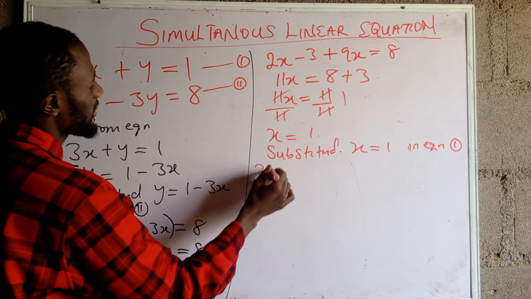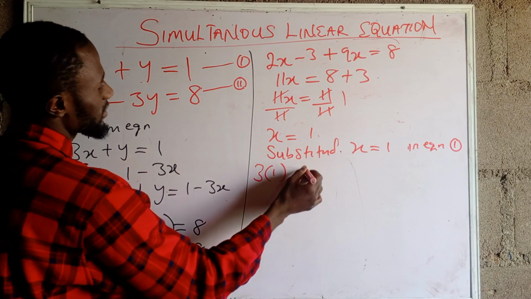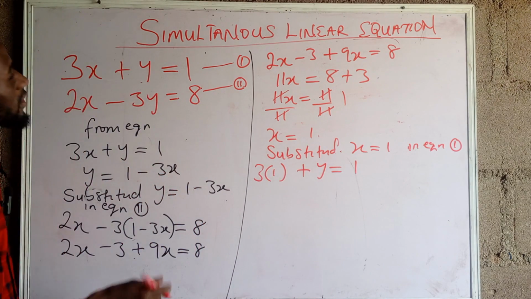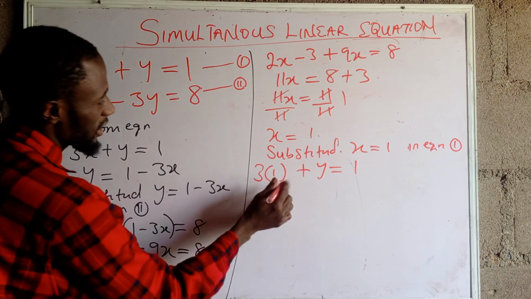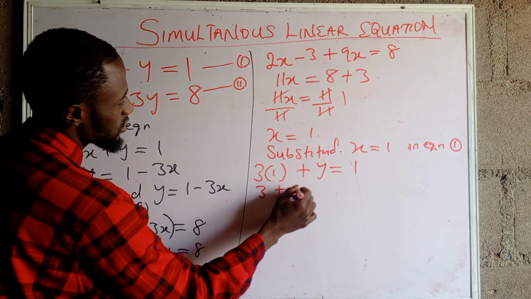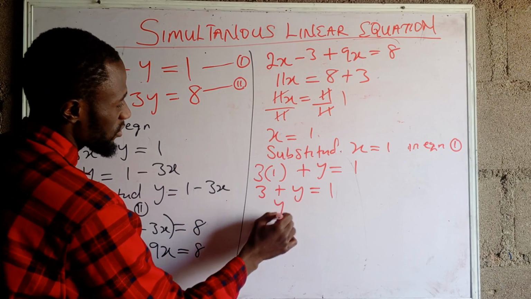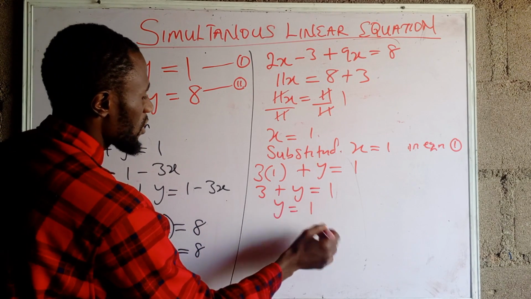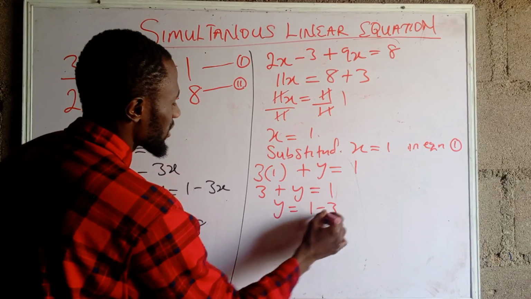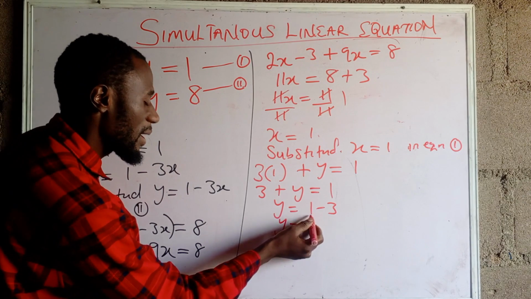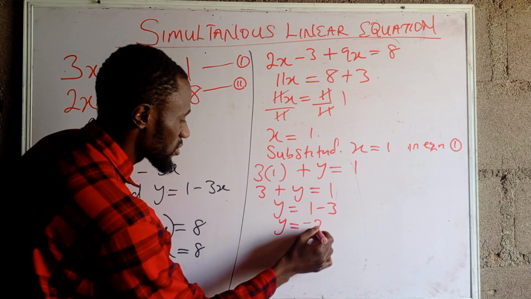Therefore, we have 3 multiplied by 1 plus y is equals to 1. 3 times 1 here, we have 3 plus y is equals to 1. Therefore, we have y is equals to 1 minus 3. Therefore, y is equals to 1 minus 3 here, we have minus 2.